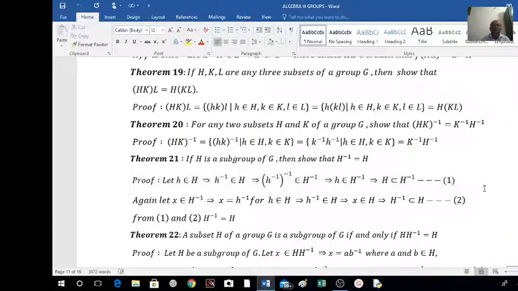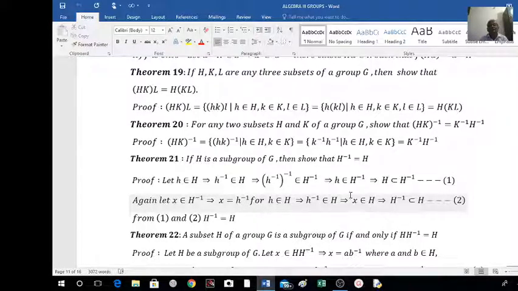Next, I will consider an element and try to show that the element is in H. So let x belong to H inverse. Then this element x is the inverse of some element of H. That is, x is h inverse for some h belongs to H. This implies h inverse belongs to H. What is h inverse here?